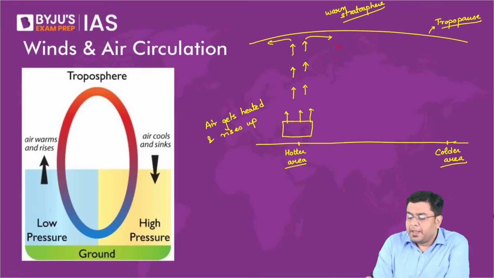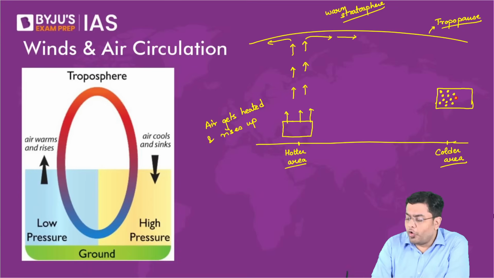Okay. Now, as it moves in this direction, in the meanwhile, we have a colder region. A colder region means that you will have the ground which is cold. The air above it will also get colder slightly. Now, colder air means a much greater number of particles, because what do we mean when we say cold?